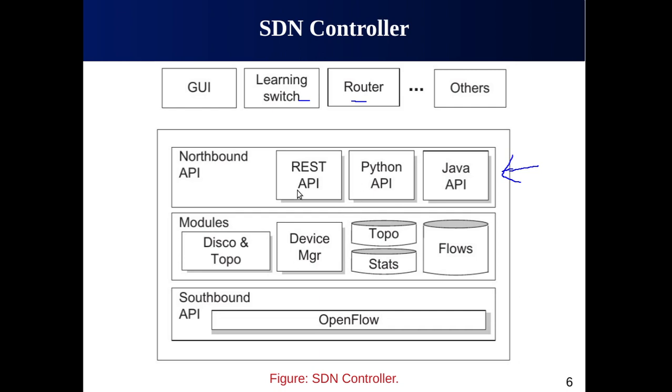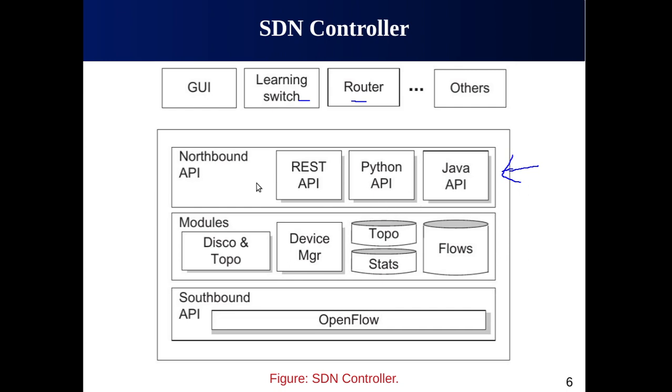So let us see the core modules of this SDN controller. The controller, as we know, abstracts the details of the devices, and it allows the applications above it to communicate with those devices without knowing the details of those devices.